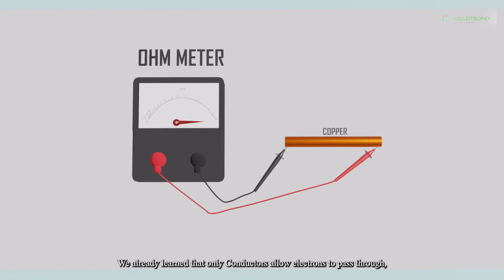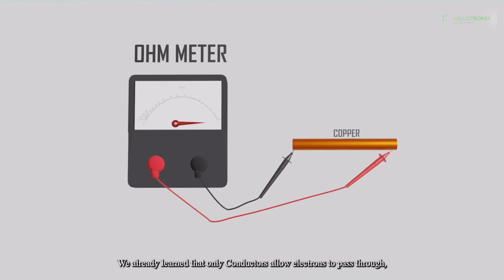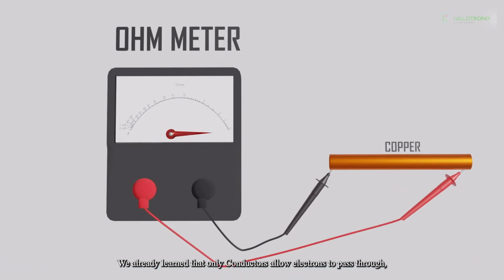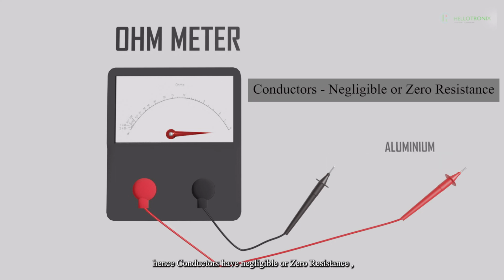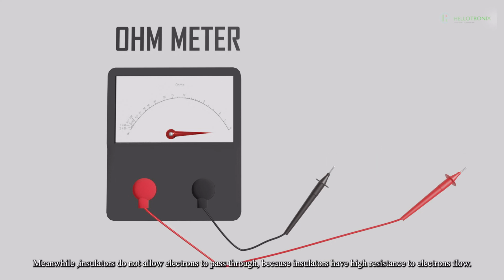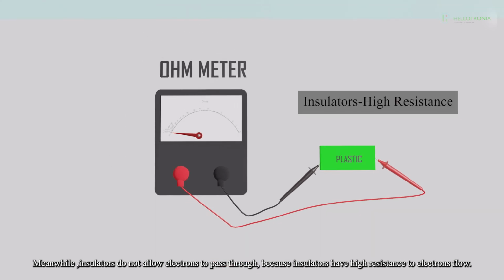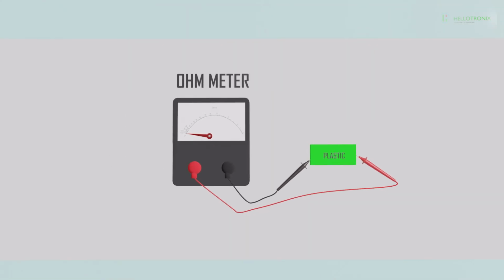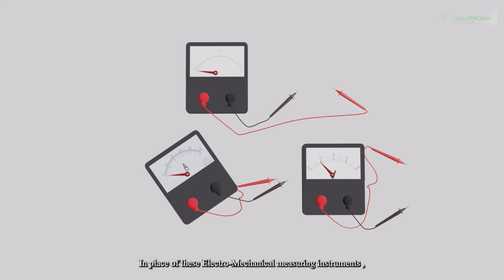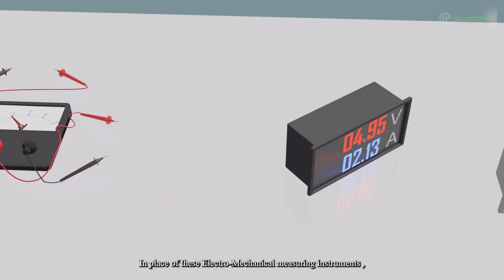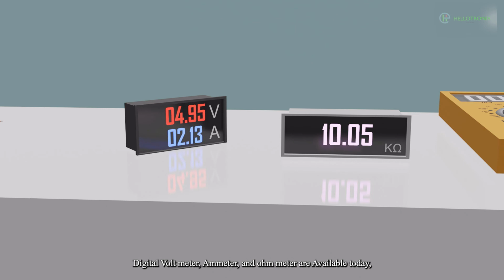We already learned that only conductors allow electrons to pass through. Hence, conductors have negligible or zero resistance. Meanwhile, insulators do not allow electrons to pass through because insulators have high resistance to electron flow. In place of these electromechanical measuring instruments, digital voltmeter, ammeter, ohmmeter are available today, which provide more precise readings.